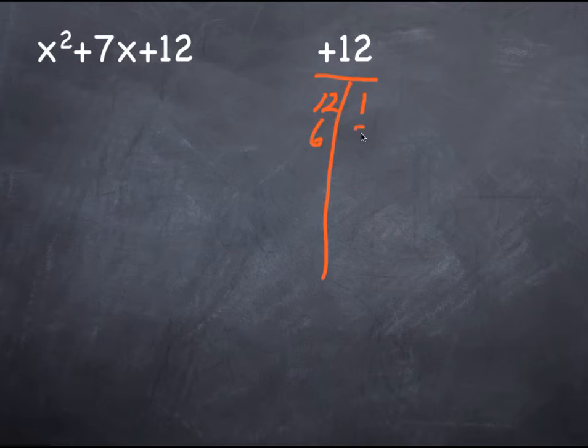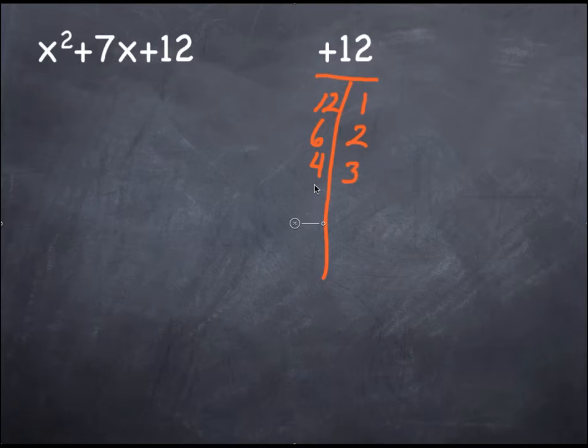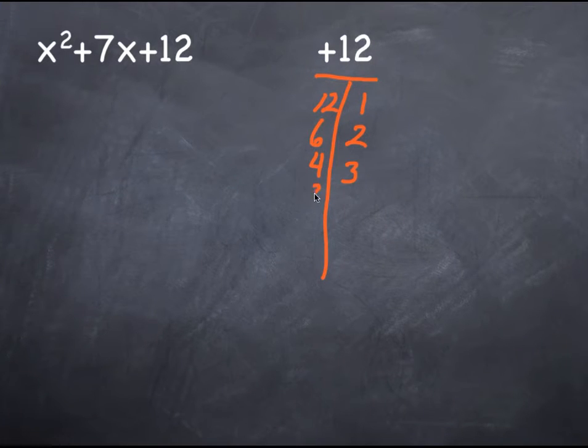We'll start with 12 times 1, then 6 times 2, and 4 times 3. You might think we are done, but when there is a negative present, we will also have to continue. So let's continue factoring with 3 times 4, 2 times 6, and 1 times 12.